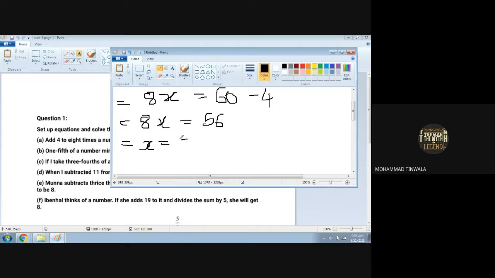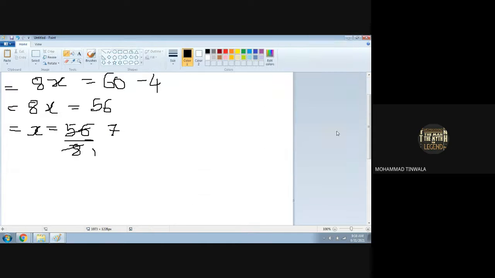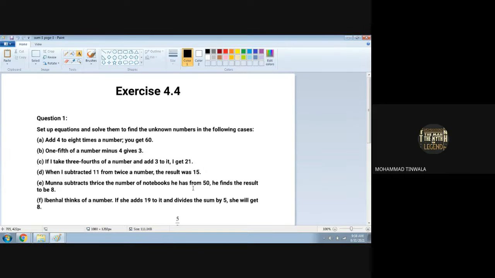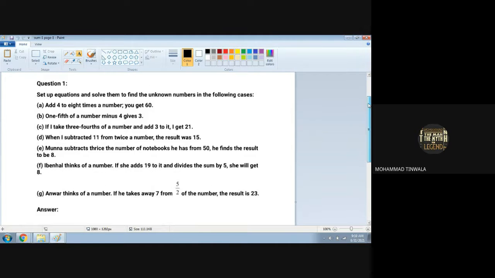So 56 divide by 8. 8 ones are 8, 8 sevens are 56. So what is the value of x we got? 7. Understood the first, how we have to solve and how we have to set up the equation?